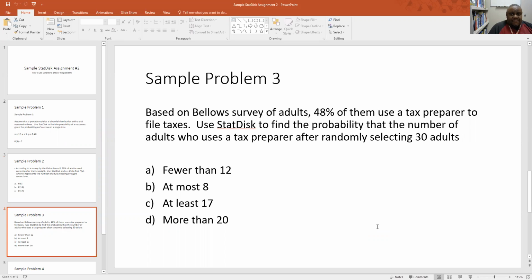Use StatDisk to find the probability of the number of adults who use a tax preparer after randomly selecting 30 adults. Okay, so our N, that's the number of trials here, will be 30. 48% as a decimal will be 0.48. Okay, keep that in mind. So we're going to go on to StatDisk.